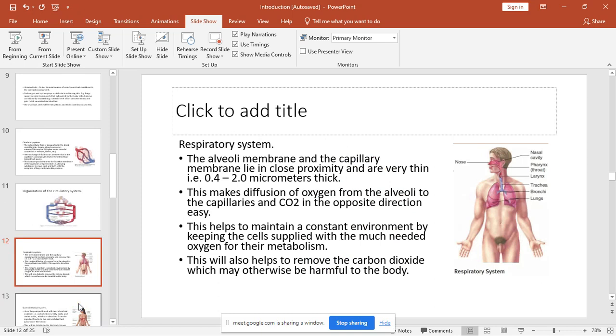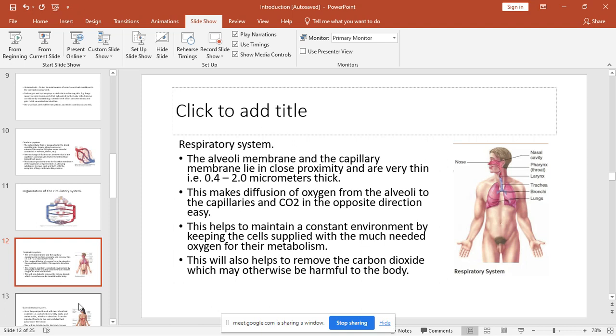We can talk about the respiratory system. We already mentioned what happens. The respiratory system is very important in that it has the alveoli, which is the air sac. When we breathe in air, the air sac, that's where all the air will go. So the air sac or the alveoli comes in very close proximity with the pulmonary capillaries. Because it comes in close proximity, it is possible for molecules to move from a region of high concentration to low concentration.